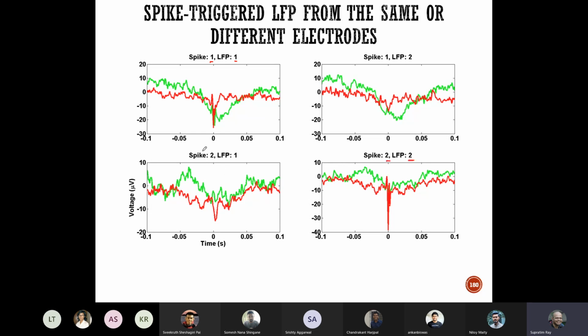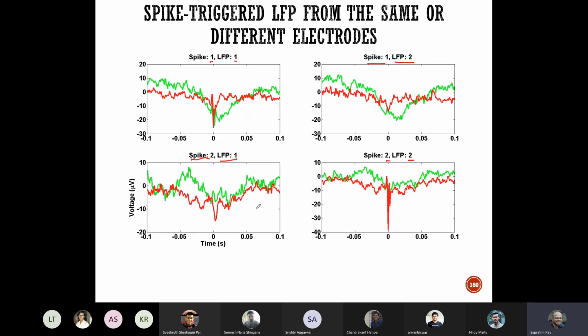I can compute the spike triggered LFP taking spikes from electrode 1 and LFP from electrode 1, which is what I had shown, or spikes from electrode 2 and LFP from electrode 2, but also the cross ones where I take spikes from electrode 2 and LFP from electrode 1, or spikes from electrode 1 and LFP from electrode 2. Why would I want to do that?